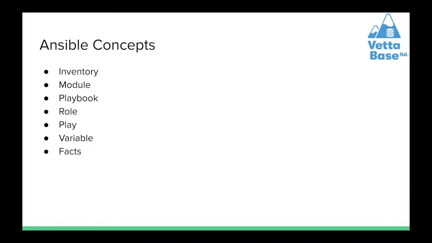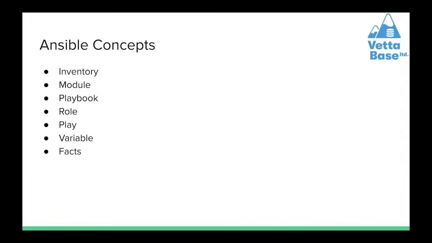So I will briefly list basic Ansible concepts. I will not explain them in detail because we will see them by example later. An important component is the inventory. An inventory is typically a file which lists your servers and logical groups of your servers.